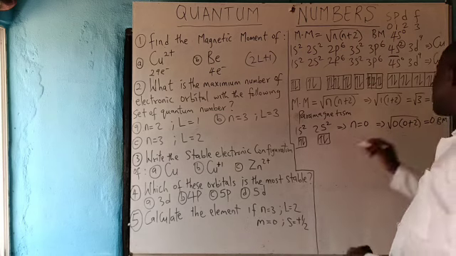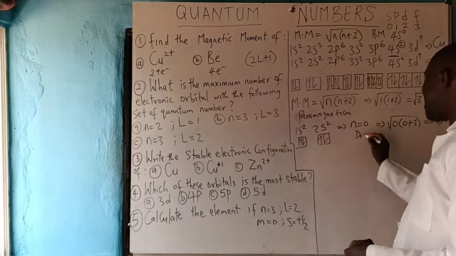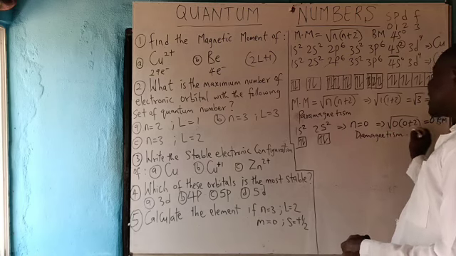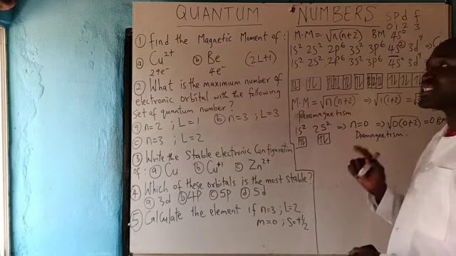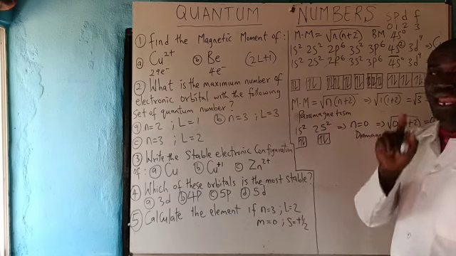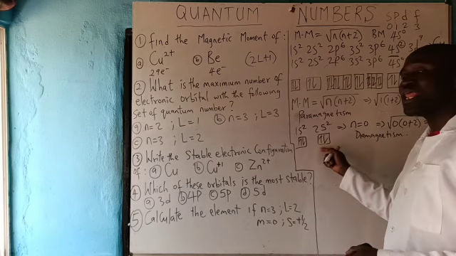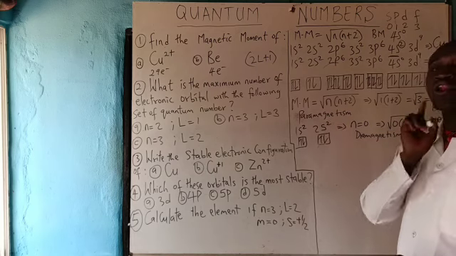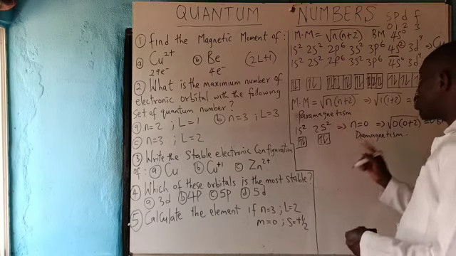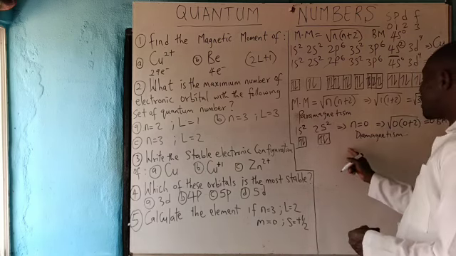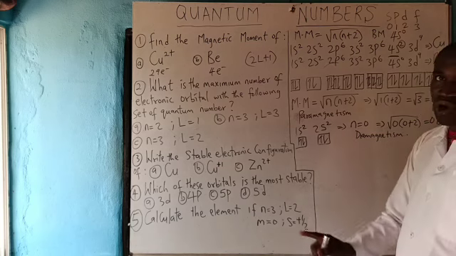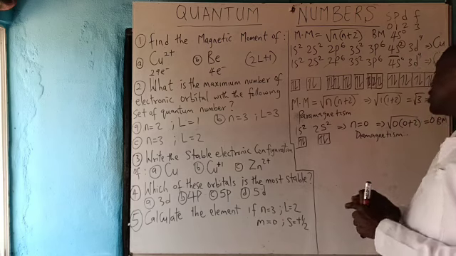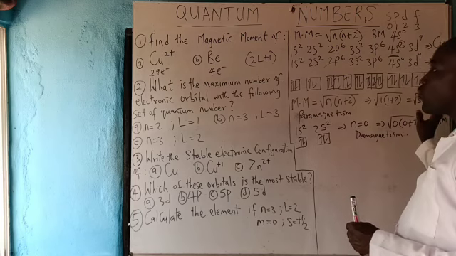That is where the name diamagnetism comes in. That is, beryllium is a diamagnetic element. Why? It only has paired electrons and no unpaired electron. And because it has no unpaired electron, it means the number of unpaired electrons is 0. And so it will be called a diamagnetic element, or the principle of diamagnetism will come in there.